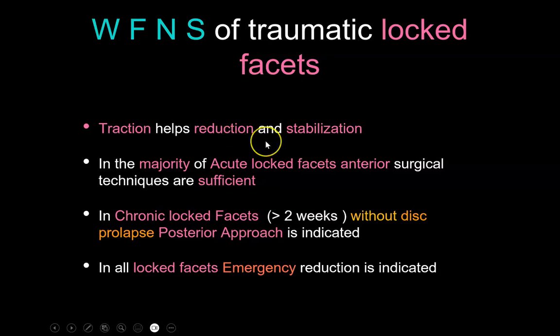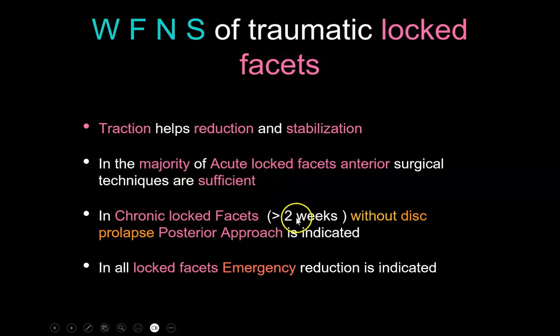Traction reduces the locked facet. As we said, in a locked facet, the inferior articular facet of the vertebra above passes in front of the superior articular facet of the vertebra below. The inferior articular facet is the continuation of the lamina, and the superior articular facet is rising from the pedicle. So if you can reduce it by traction, you can go and do an anterior surgical technique to stabilize it.